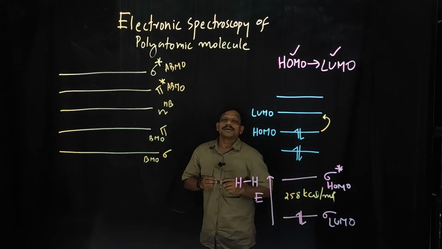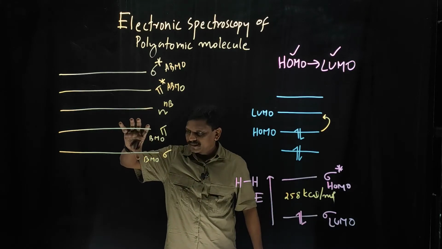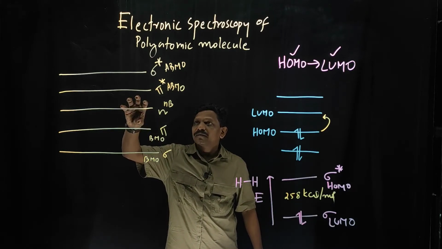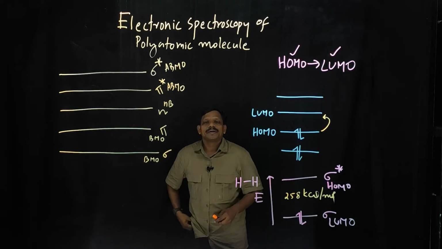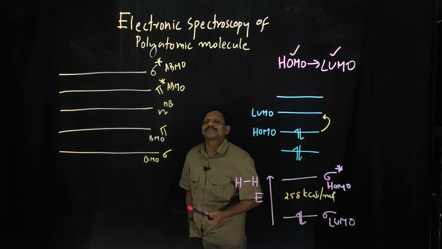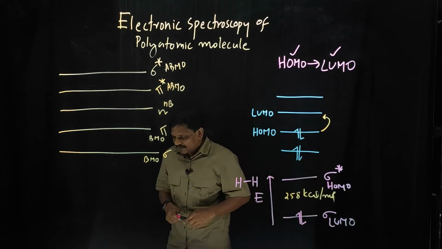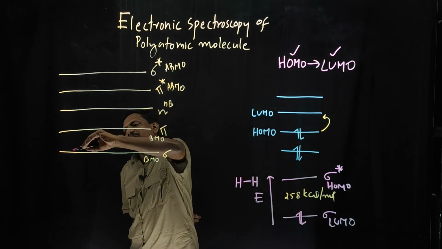So bonding, non-bonding and anti-bonding are the common energy levels possible for electronic transition. Then we will see the types of electronic transition you can draw here.